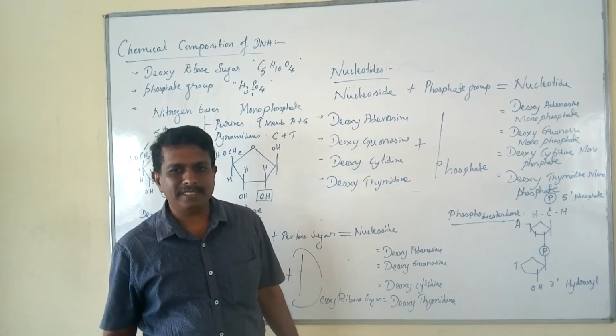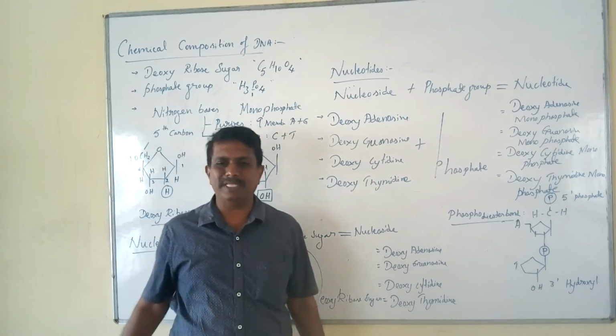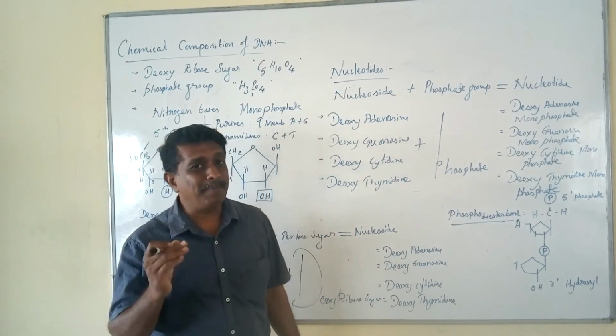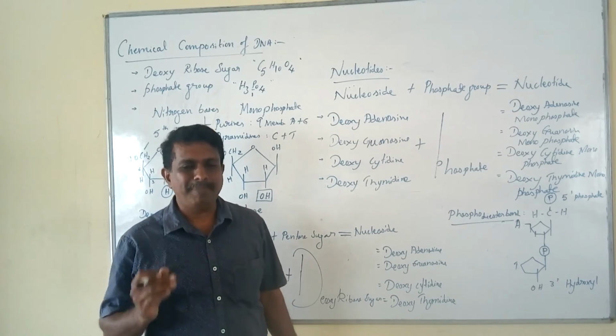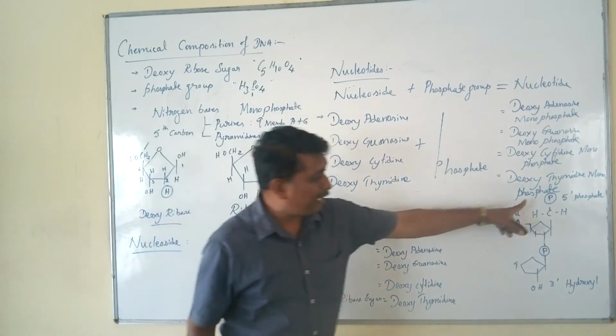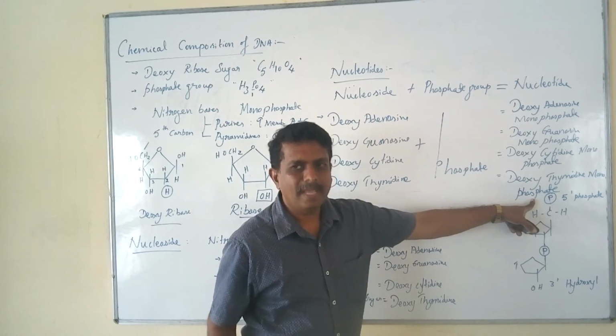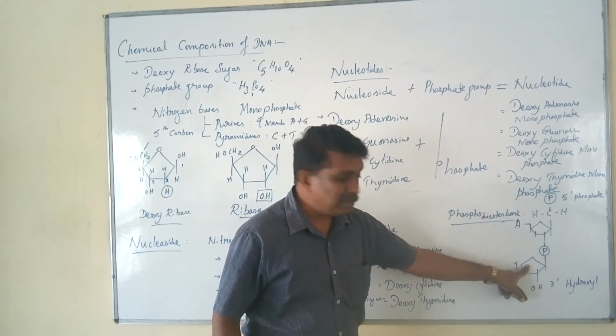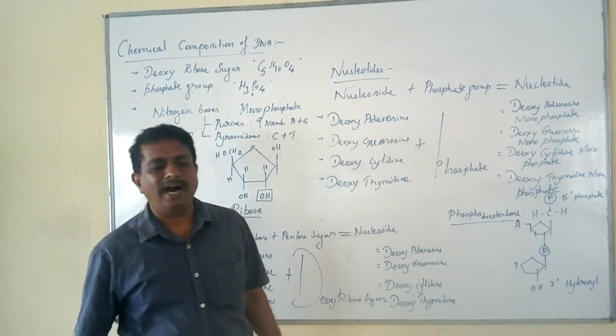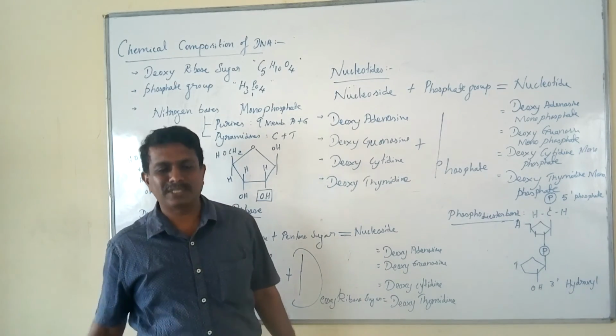In a valid terminology, the phosphodiester bond is defined as a chemical bond formed between the phosphate group and the pentose sugar of another nucleotide.